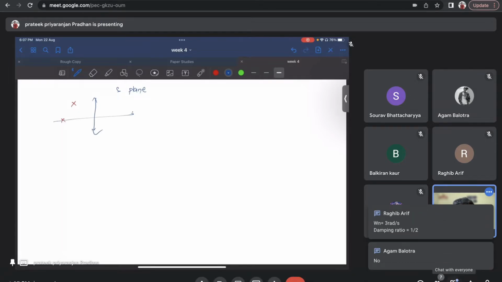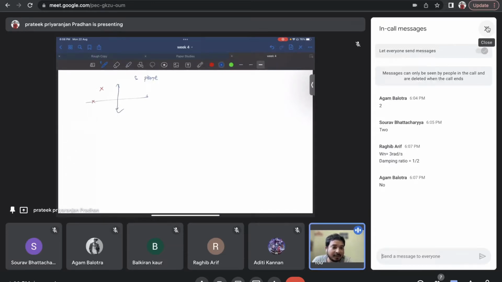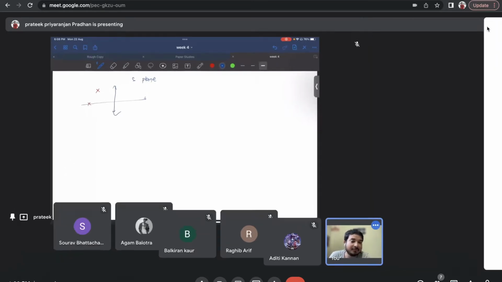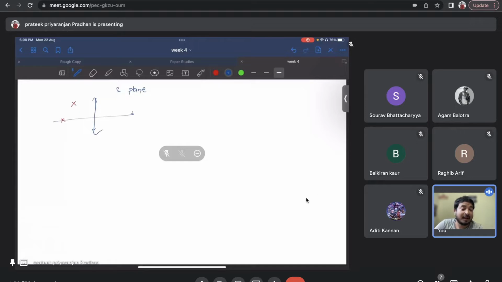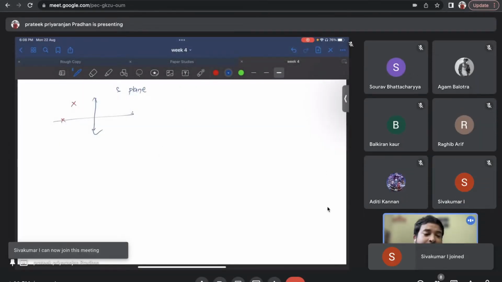Raghav says omega n3 and damping ratio. Raghav, I will be coming back to the question. Before that, I am discussing some concepts which are not available in the lecture series or some books.